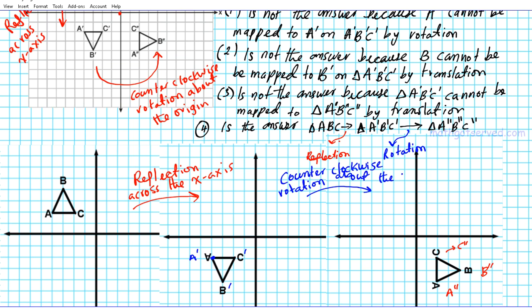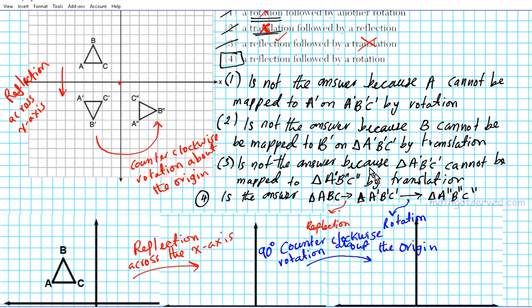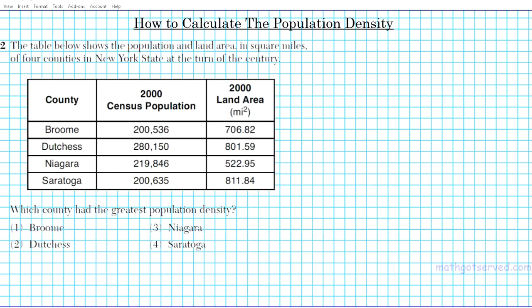Okay, so if you want to be more specific, it's a 90-degree counterclockwise rotation. We just rotated this by 90 degrees. Okay, and then we ended up with this desired figure right here. So we can clearly see that the answer to this question is option number 4.